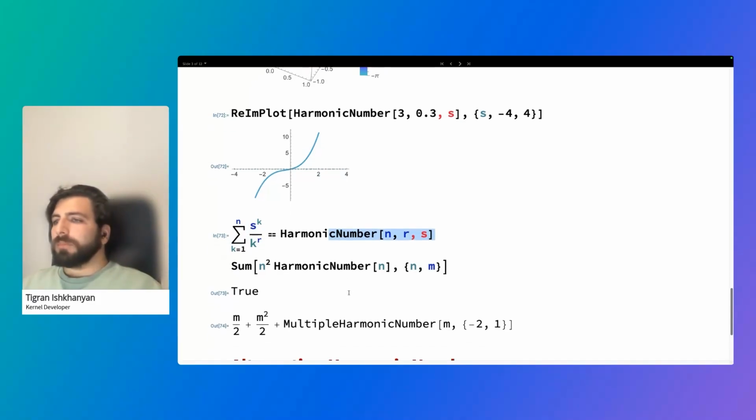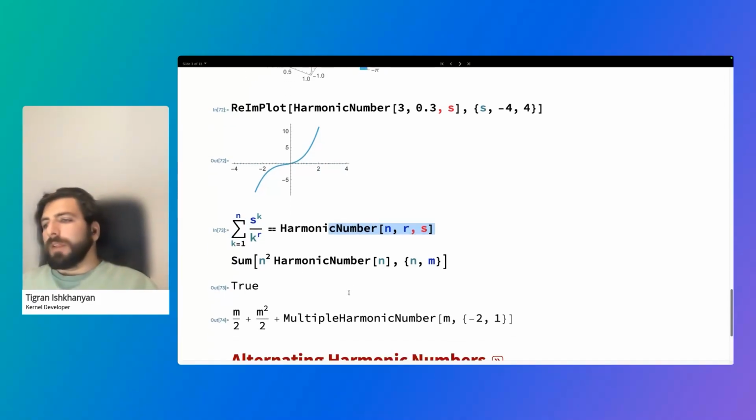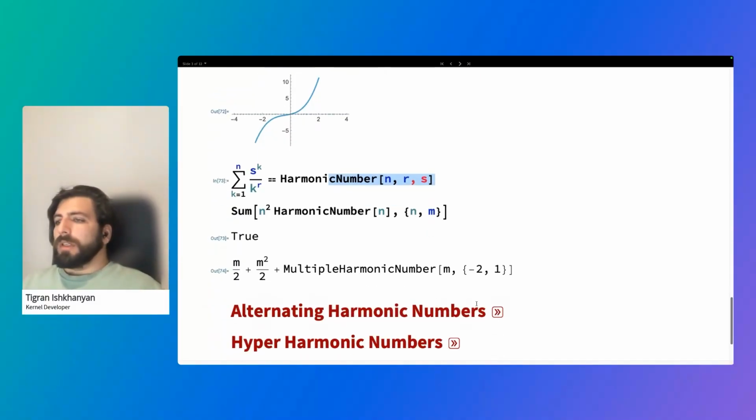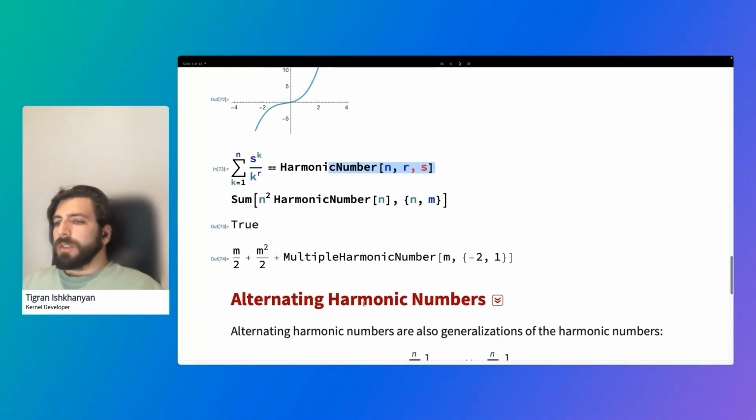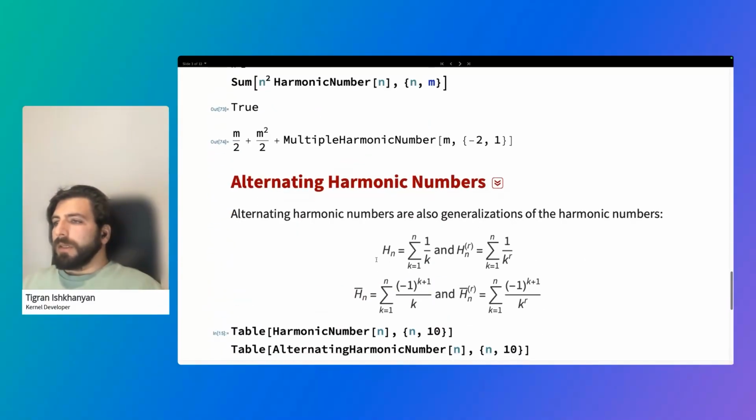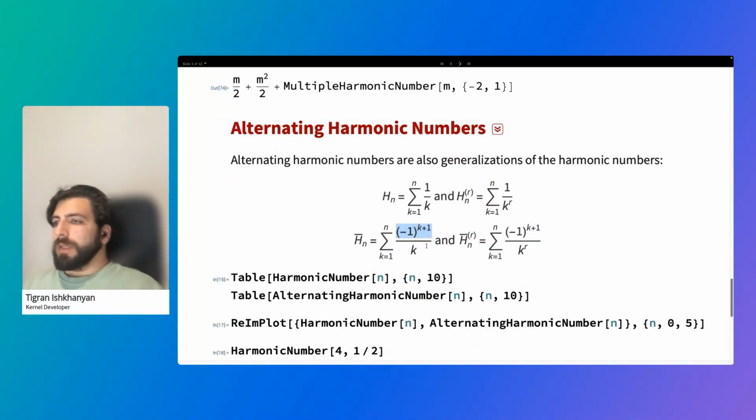The next development of harmonic numbers is called the alternating harmonic numbers. If the harmonic numbers are defined like this, then the alternating harmonic numbers are the same sums, but here we have (-1) to the power k plus 1. So these are also new functions in the system.